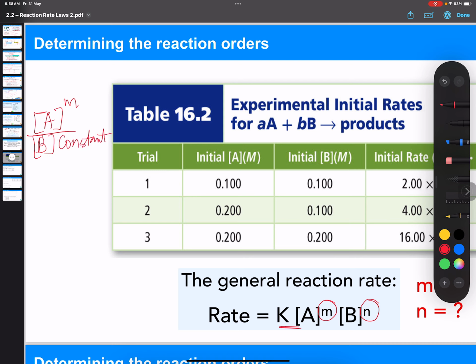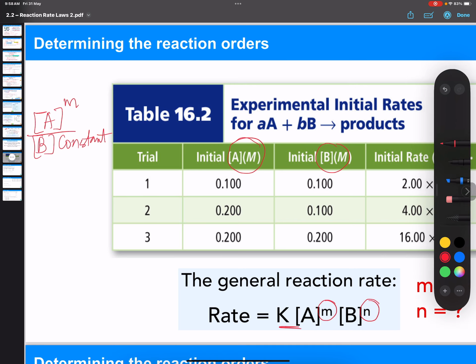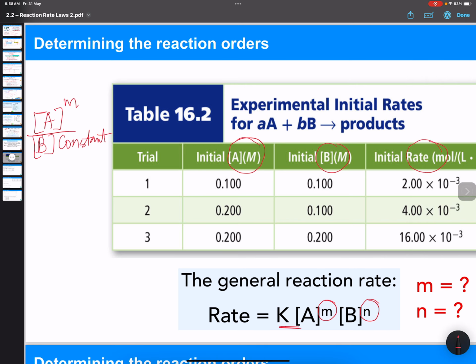So when you see the table, you have A, you have B, and you have rate. B should be constant. So which trials should I consider? This is my trial, so B is the same here. I'll consider trial 1 and trial 2. You have to get the bigger trial in the numerator.